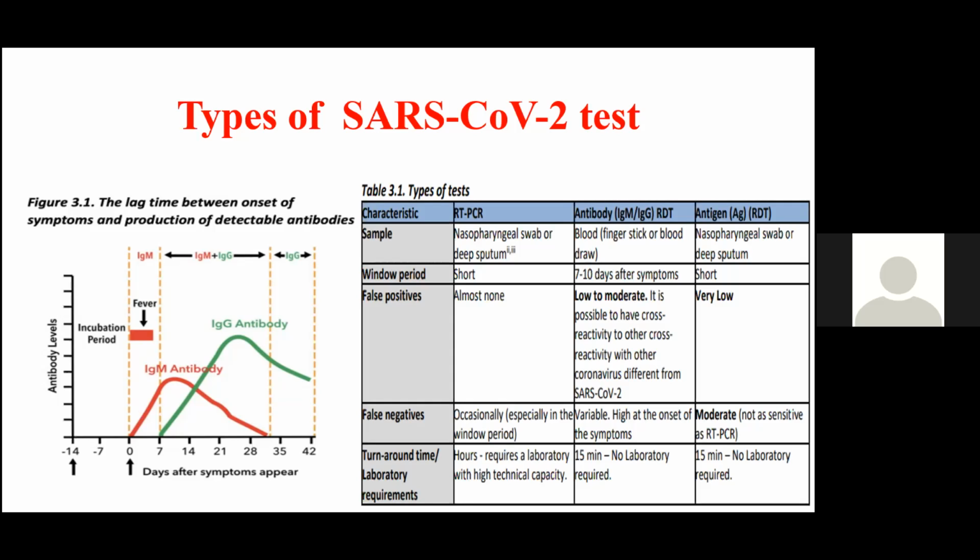For antibodies, it's 15 minutes, and you don't need the laboratory because you can even set it up on a table. For antigen, it's the same, 15 minutes. You don't need high laboratory equipment for testing. Next slide.